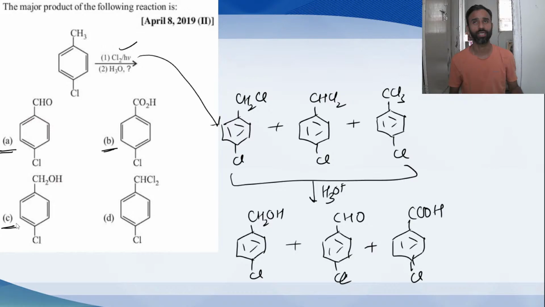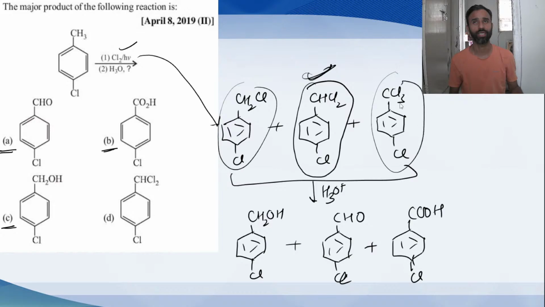So what is left? Is A, B, C. All the products are possible, but because it is written as major product, the middle one may be taken as the major product, so we can go with A option. Otherwise, all the three are possible.